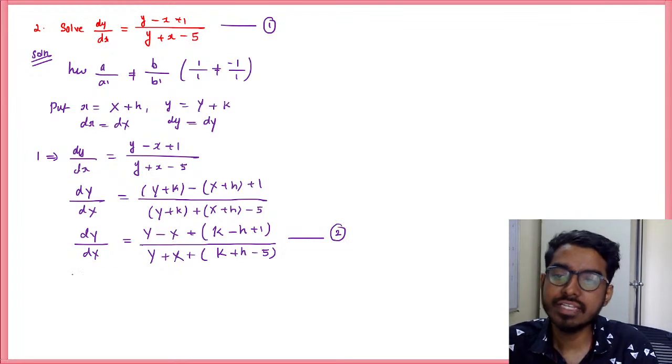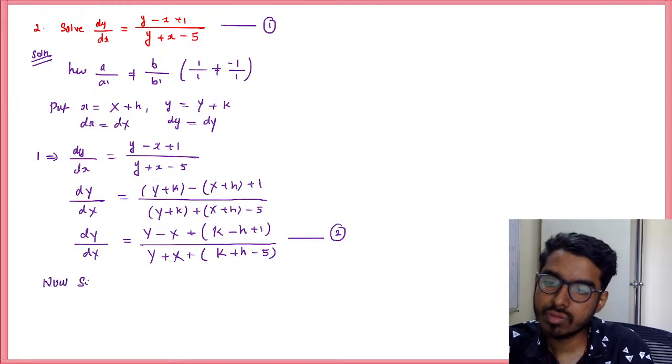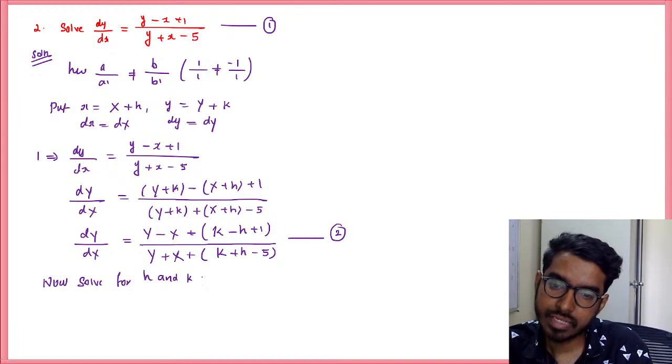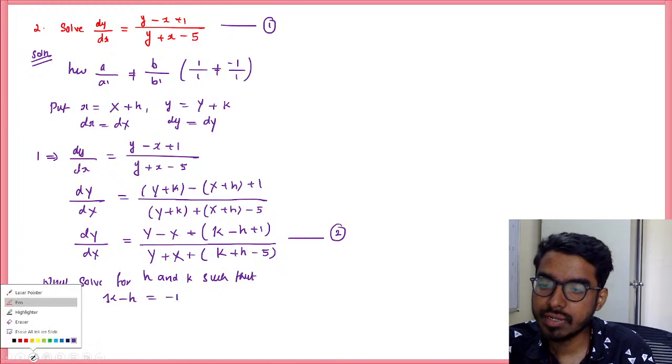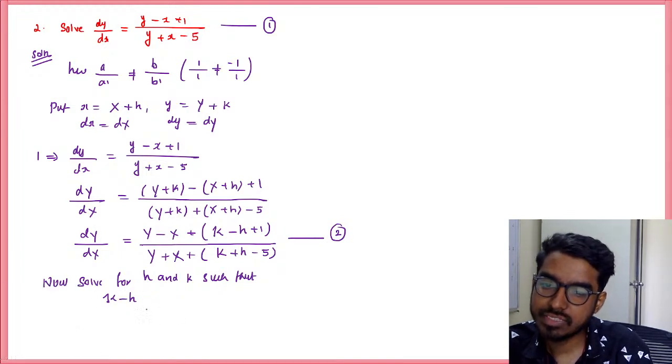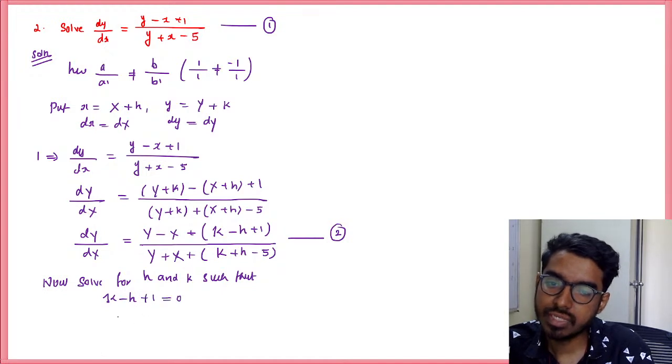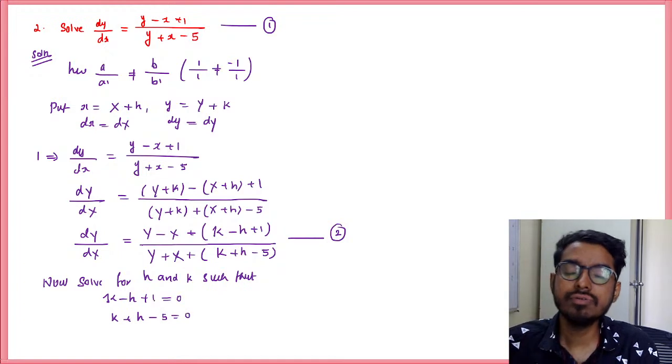Now we need to solve for h and k such that k minus h plus 1 is equal to 0 and k plus h minus 5 is equal to 0, right?